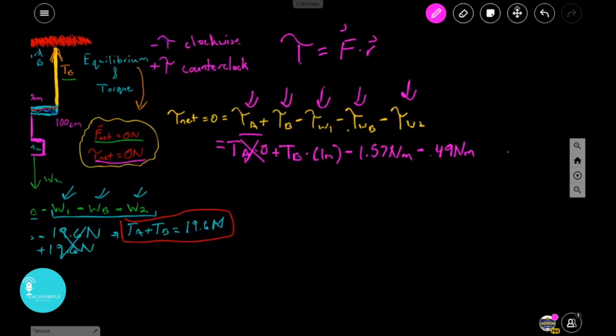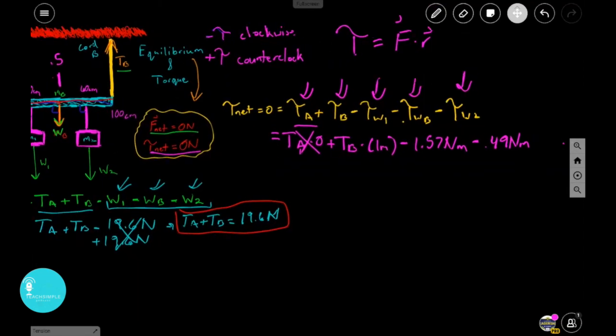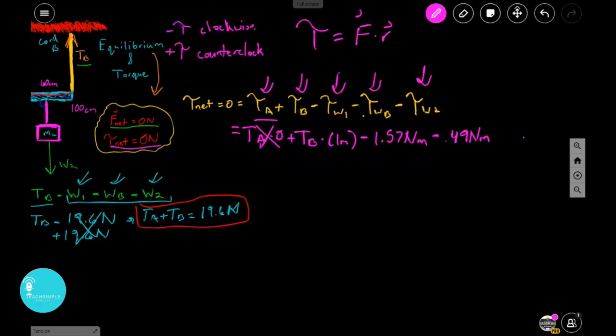All right, and then I have the torque from this mass here, mass 2. So that torque is going to give me, if I do the multiplication, negative 1.10 times 9.8 times 0.60. That's going to give me negative 6.48 Newton meters. All right.